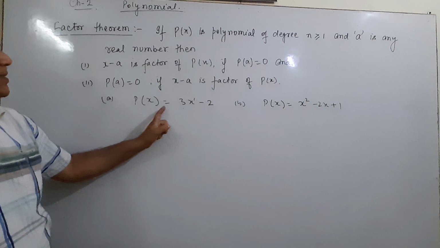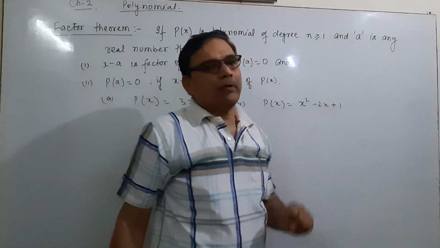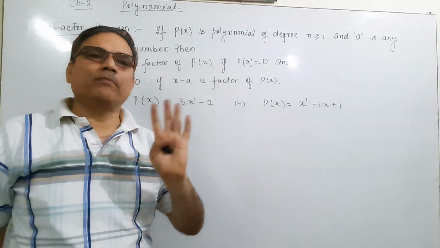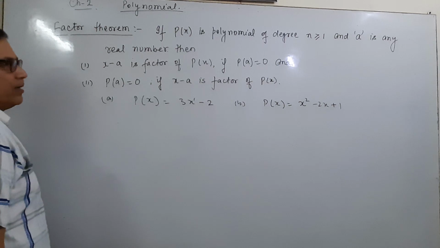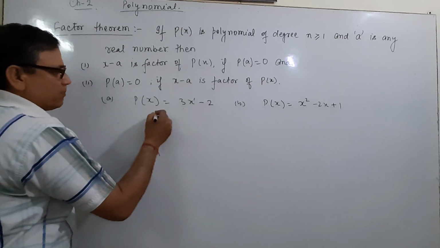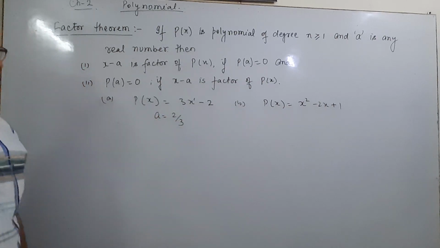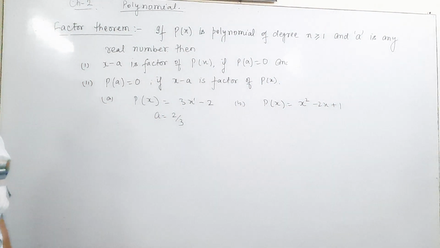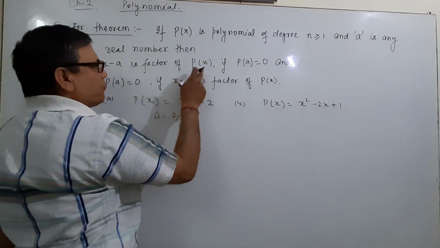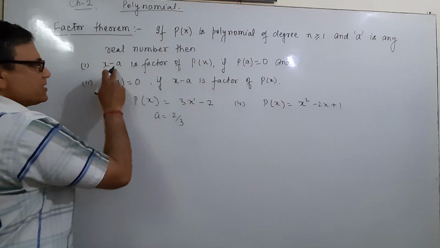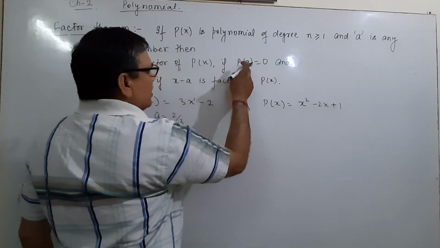If P(x) is a polynomial of degree 1 or greater than 1, take any real number A. I am taking A as a real number, and we are assuming A = 2/3 in this case. In the first part, x - A is a factor of P(x) if P(A) = 0.